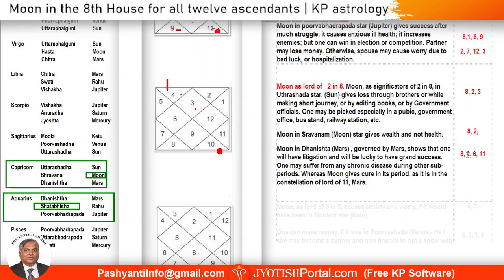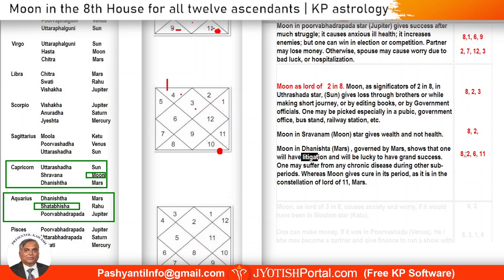So suppose you're looking at a horoscope of someone who is studying in a university and is trying for some competitive exam and things like that. At that time, it's not about the litigation.